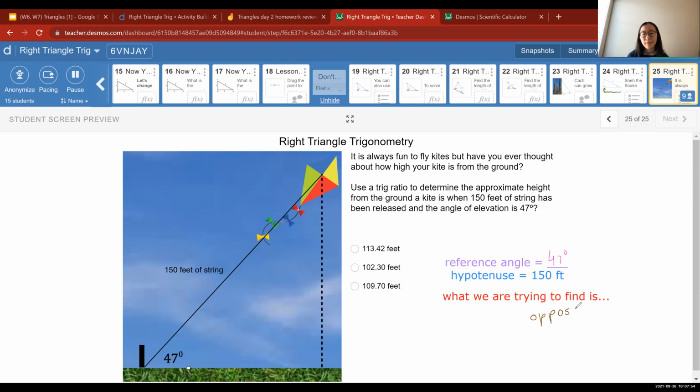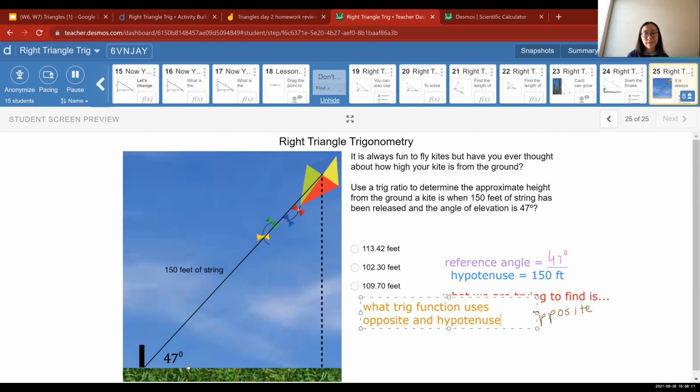Now, based off of that, which trig function should we use? Remember, SOH CAH TOA. Type your answer in the chat. We know the hypotenuse, we're trying to find the opposite side.